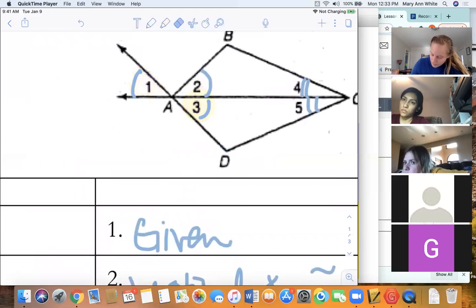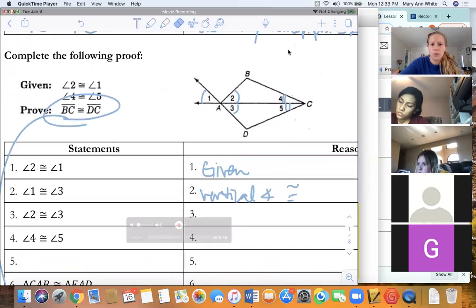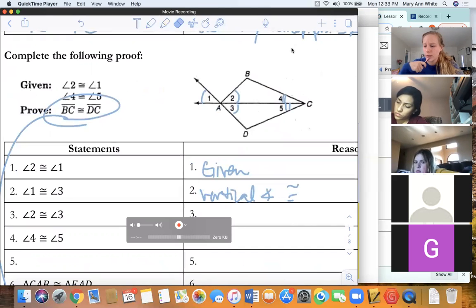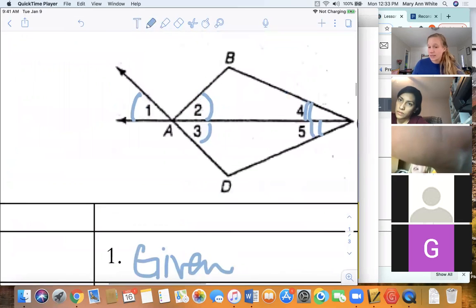Okay, good. The next step says angle 2 is congruent to angle 3. Why do I know that? I'm looking at my picture and I don't see any good reason why 2 and 3 are congruent. So I can't use my picture.